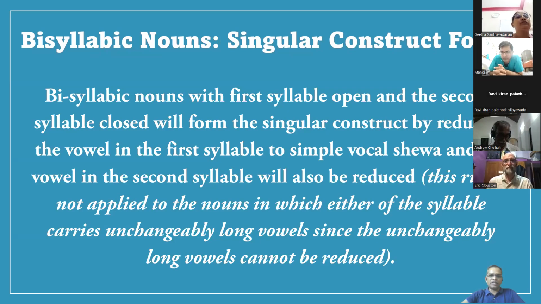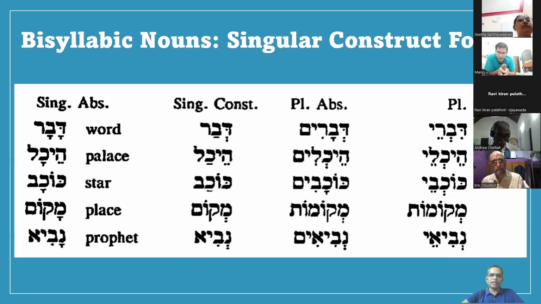So what is mentioned here? First syllable open. Here the first syllable is open. Da is open. Var, Davar, that is closed. So what's happening here?